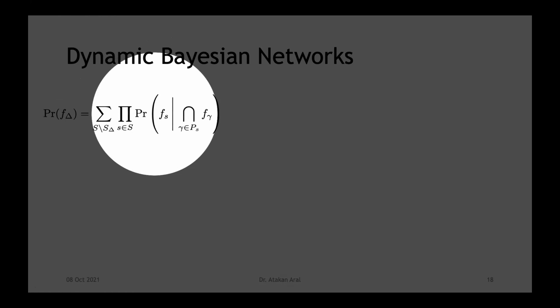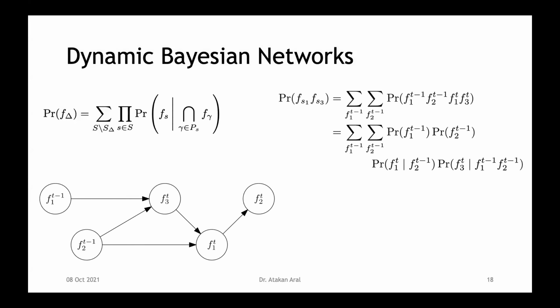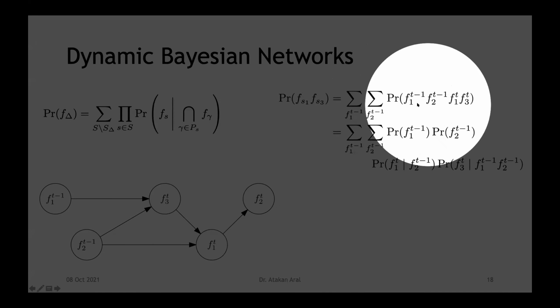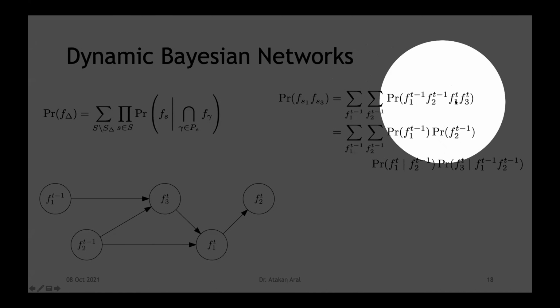Not all possible servers, but only their parents. So if we go back to our example here, if we are interested in the probability that server 1 and server 2 fail at the same time, we need to calculate the probability containing these two nodes, of course, but also their parents, F1 and F2 in T minus 1.